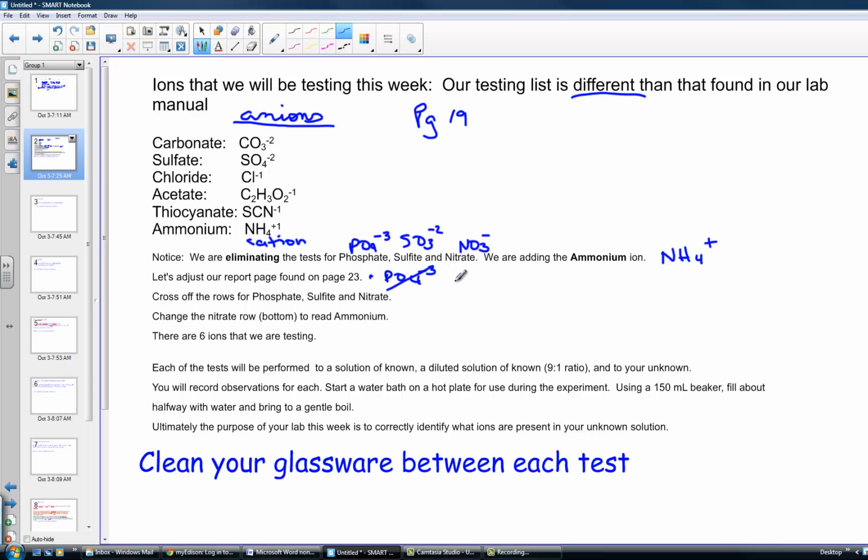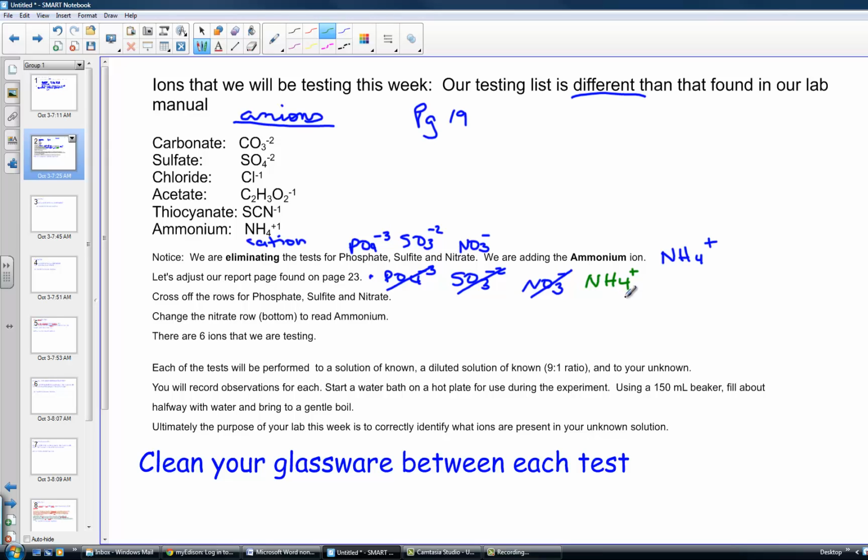Right underneath that, sulfite, SO3 minus 2, it's being eliminated, cross it off. We're keeping chloride, we're keeping acetate, we're keeping thiocyanate. And the very bottom line reads nitrate, NO3 negative 1. I do want you to cross that off, but in its place, let's add the ammonium ion, and we'll record our observations on that very last line. I'm going to do it that way because it will be the last ion that we test in the procedure, so it will still be sequential.